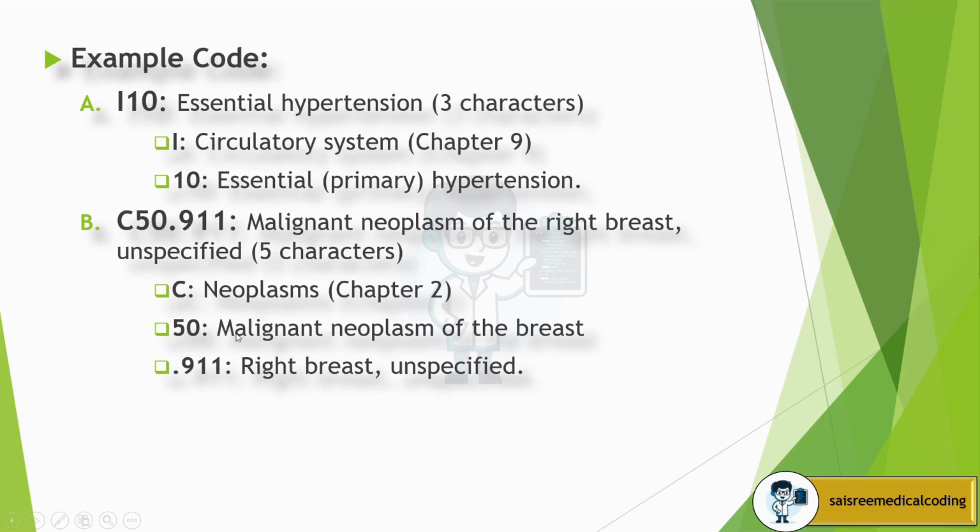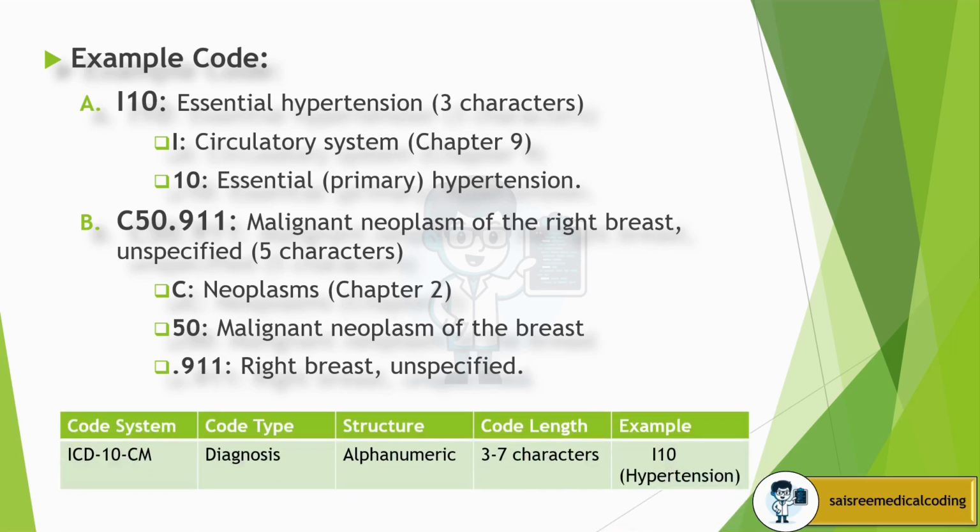Breast cancer or breast neoplasm is indicated by 50, and 911 indicates the specification of that breast cancer. Here the specification I have documented is the right breast. So that right breast is indicated by the last 3 characters. Together we call it malignant neoplasm of right breast, unspecified. So these are the examples we are having.